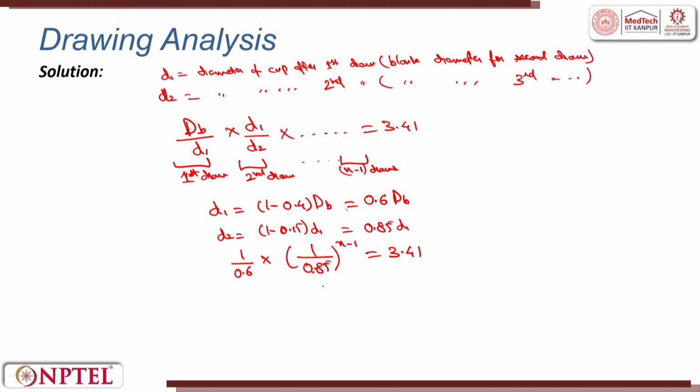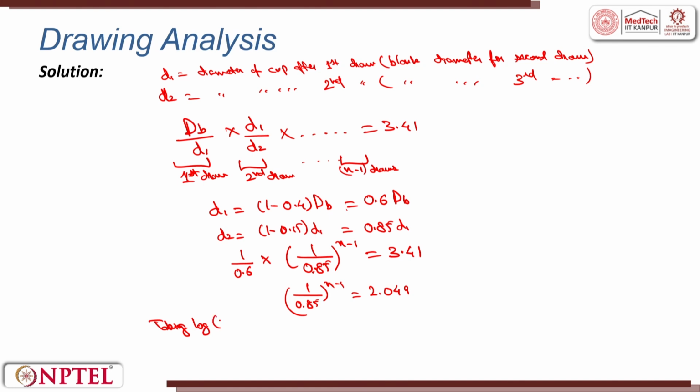This is very interesting problem. Here I will put it as 1 by 0.85 per n minus 1 is equal to 3.41 into 0.6, which is 2.049.